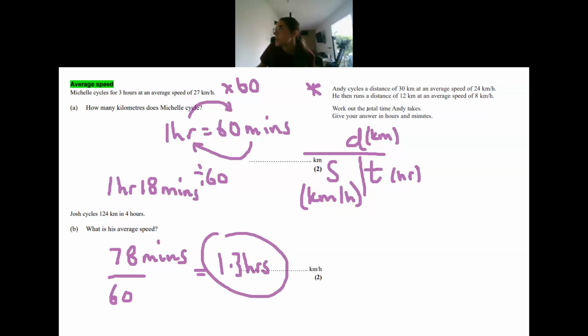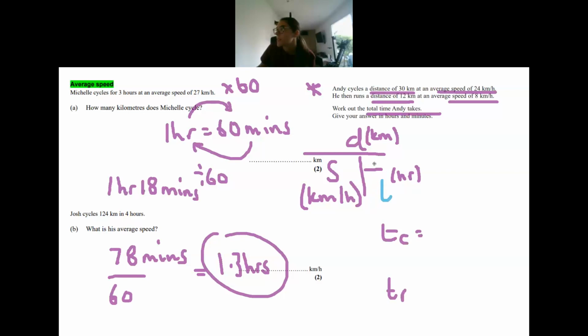In terms of this question, Andy cycles a distance of 30 kilometres at an average speed of 24 kilometres an hour. He then runs a distance of 12 kilometres at an average speed of 8 kilometres an hour. Work out the total time it takes. So we go time for the cycle, time for the run.